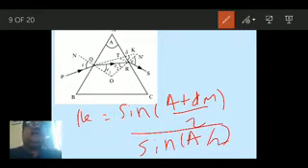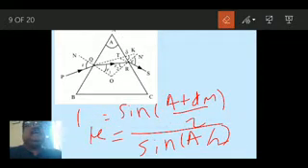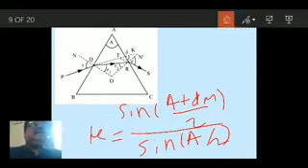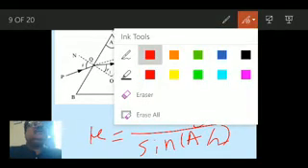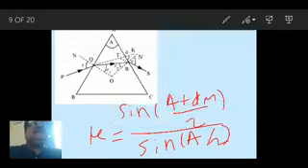So this is the formula of refractive index of the medium of a prism. Now, the detailed derivation of this formula is not there in your syllabus. So let us discuss the terms which are involved in this particular formula.